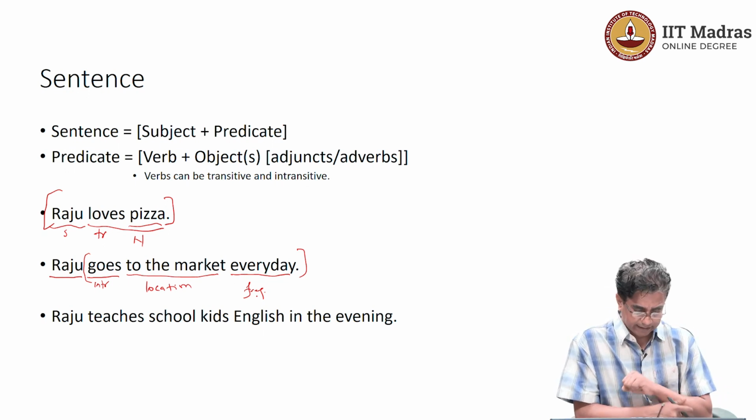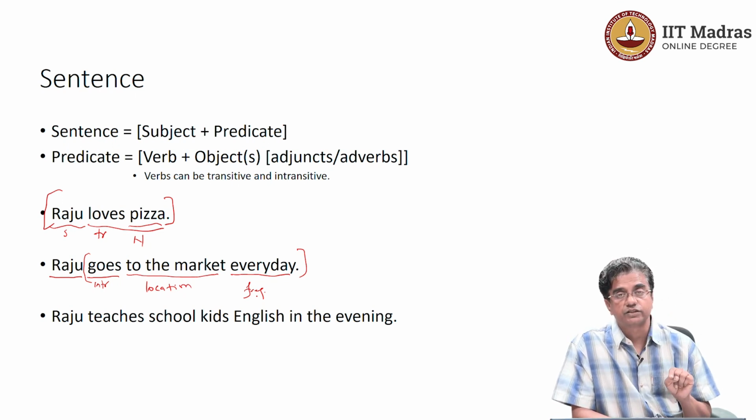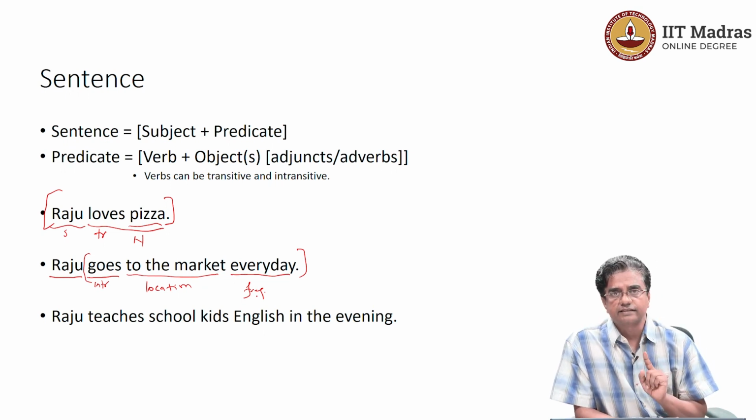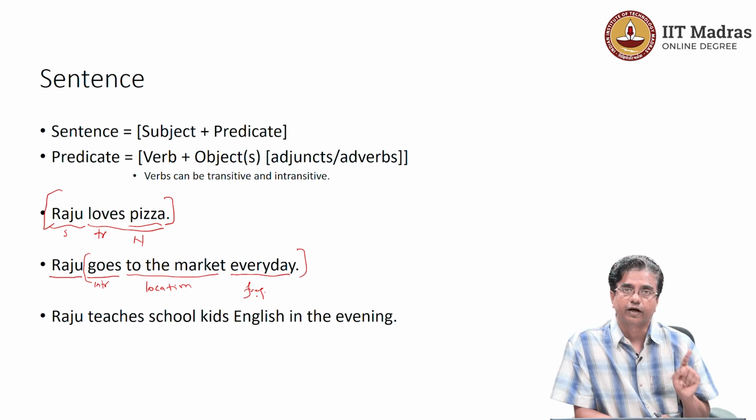Here we have two adverbs. One is talking about location, the other is talking about frequency. It is not the case that one modifies the other. Rather, both of them are modifying the verb.